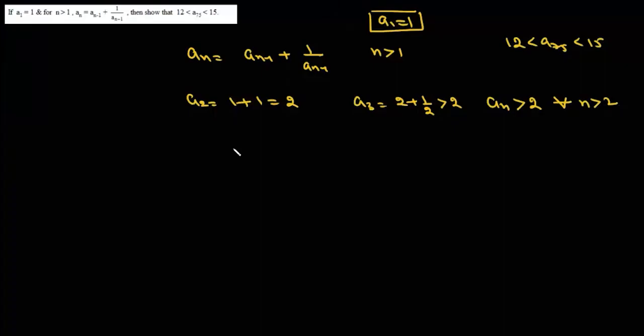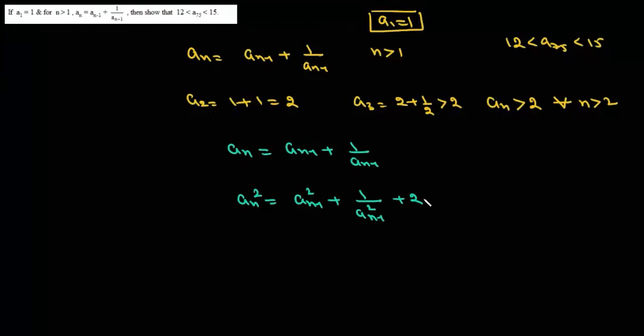Now we look at this given condition. an equals an minus 1 plus 1 upon an minus 1. Now we square it, we can write an square as an minus 1 square plus 1 upon an minus 1 square plus 2.